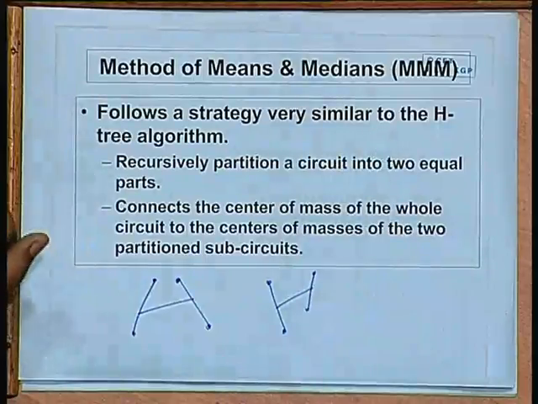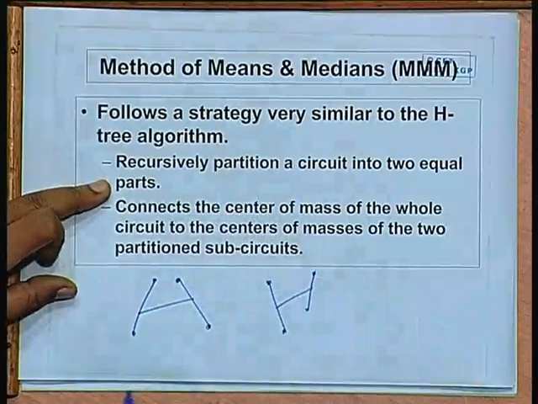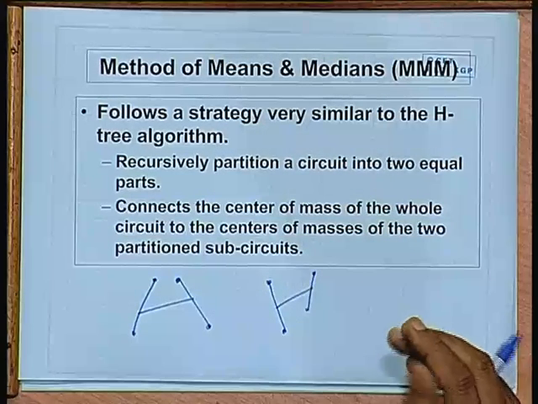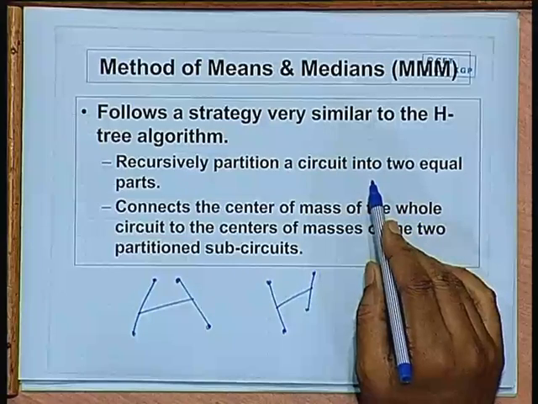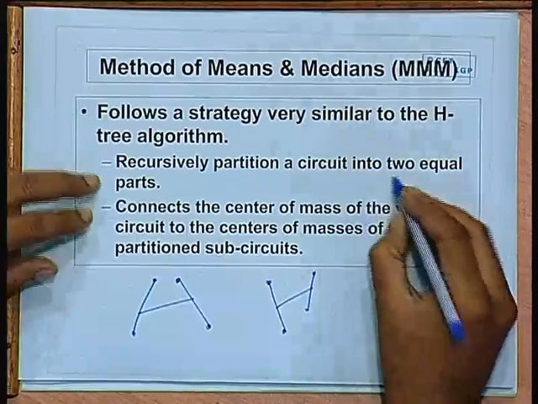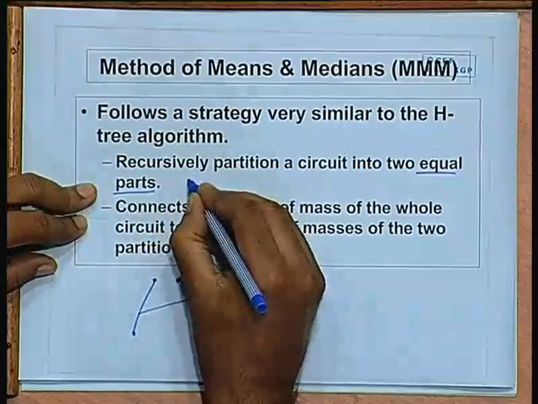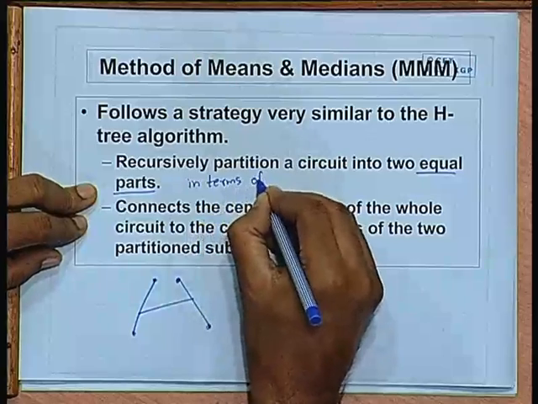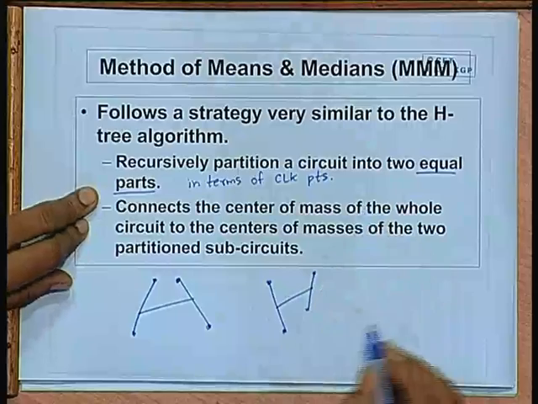Now, the way it proceeds is that we recursively partition a circuit into two equal parts. Now, these equal parts are typically in terms of size, but in some cases you can also partition them in terms of the number of clock points you need to connect to.